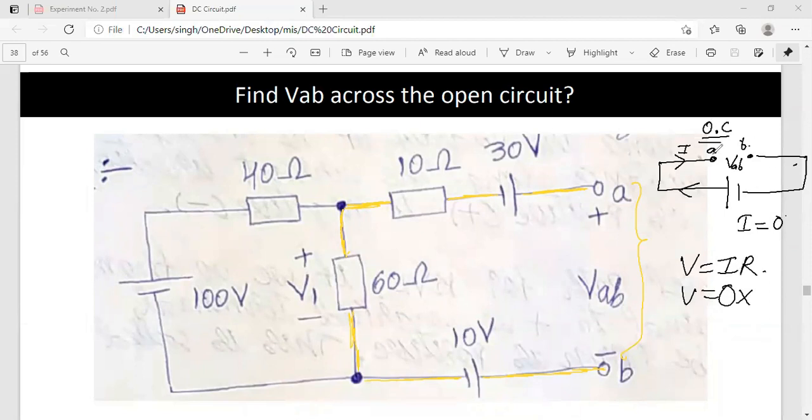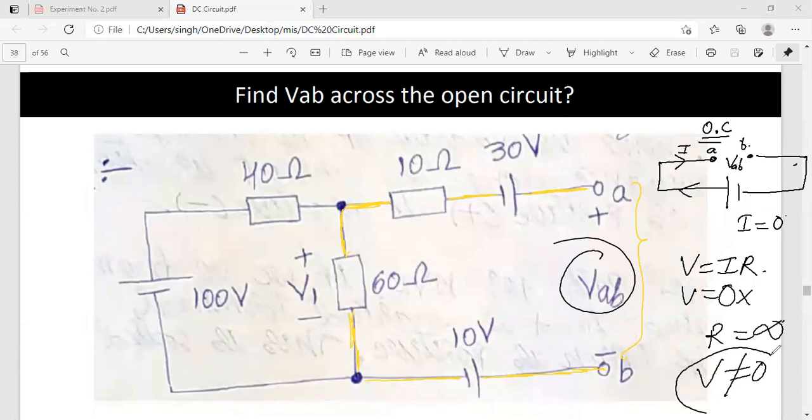Here, the open circuit is in some way connected to some other voltage or potential. If we can apply that in the form of an equation, we can find out the unknown quantity. So current is 0 because of a very large resistance, but voltage is always non-zero.